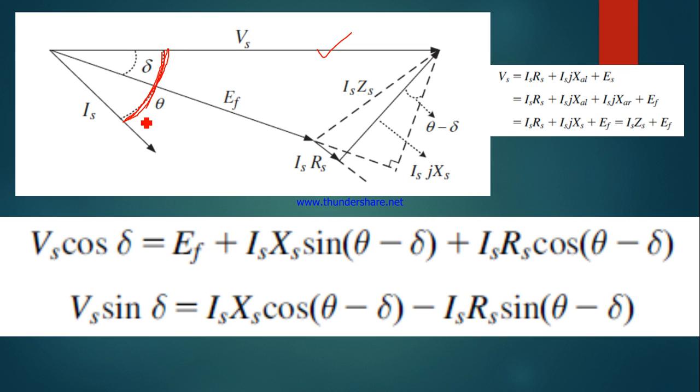Basically, this will play a major role for the power factor of the entire system, and because this field is generated in the rotor, there will be some angle. If you are increasing the load, this angle will increase. So this is the load angle. So now this angle is basically theta minus delta.